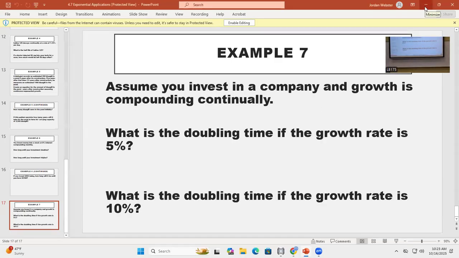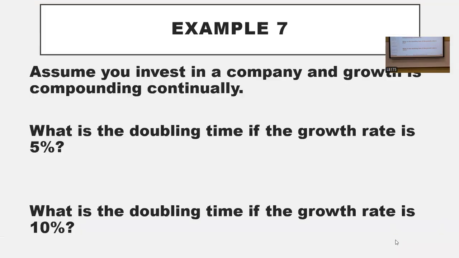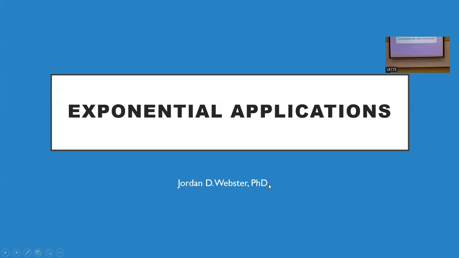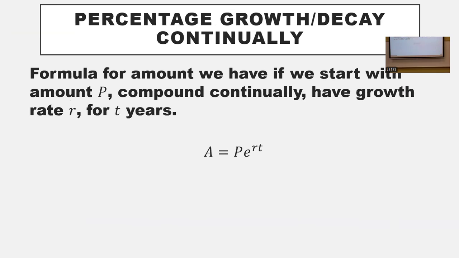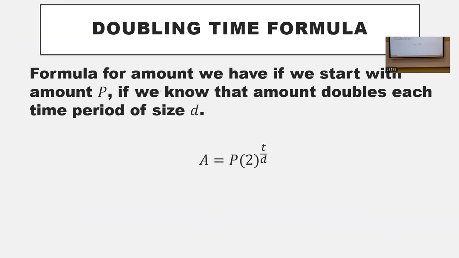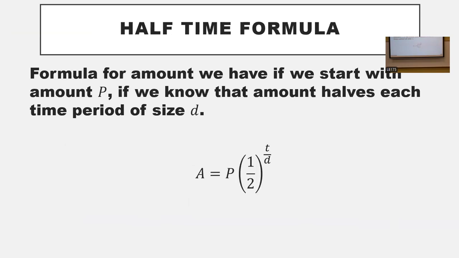Any questions about material from these applications? Let's see what we're trying to accomplish. Trying to set up one of these equations, something like A equals P times 1 plus R over M to the MT, or A equals P E to the R times T, or P times 2 to the T over D power, or P times 1/2 to the T over D power.